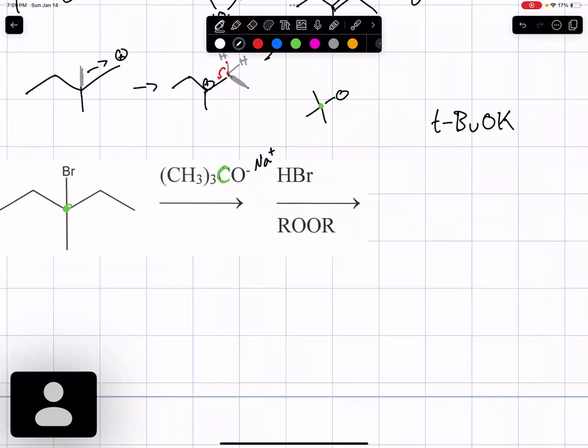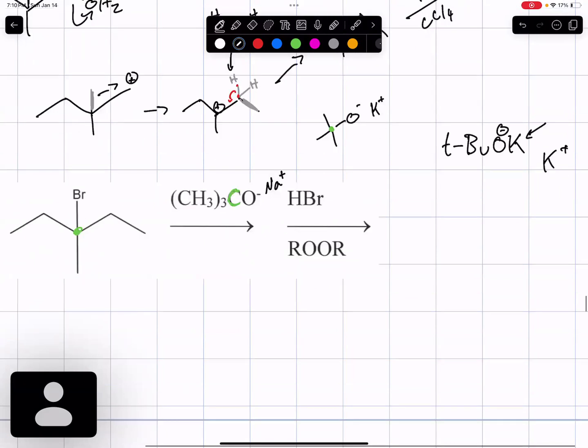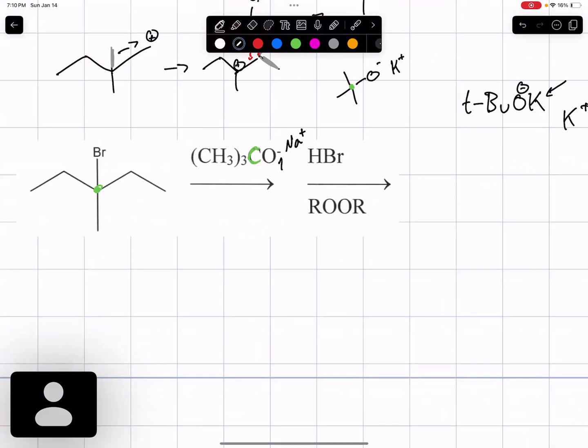Tert-butoxide. This tert-butoxide is technically called potassium tert-butoxide because this K is a spectator ion, represents K+, and this is an O-. But you could draw it like this with the K+ or any other group 1 metal. But you most likely may see it like this, or we'll probably just write it as tert-butoxide or tBuO-.